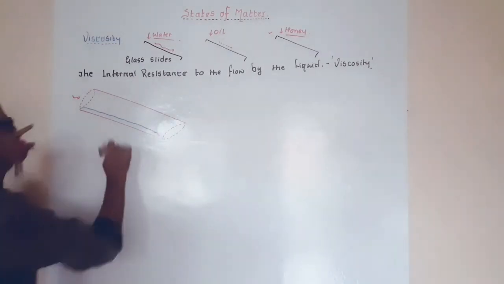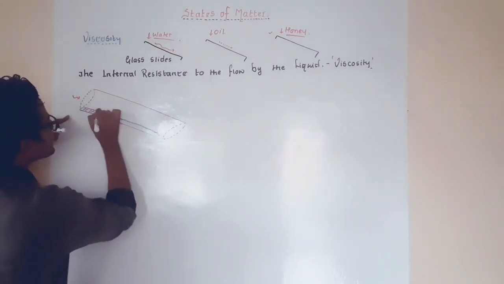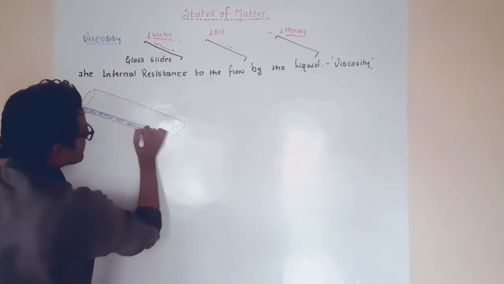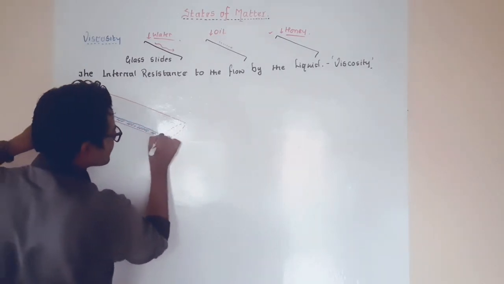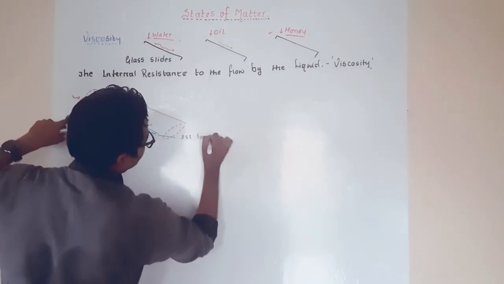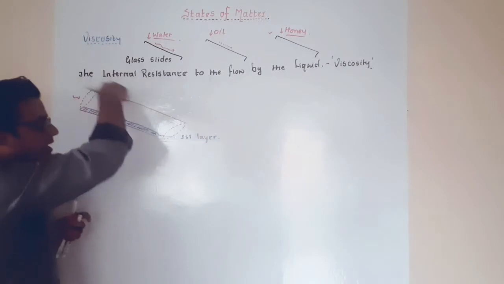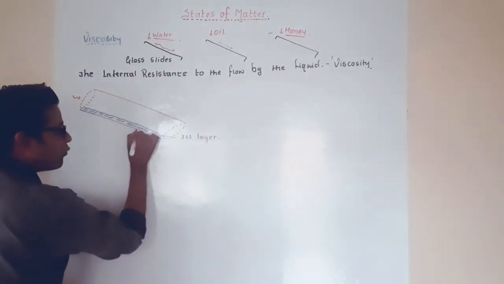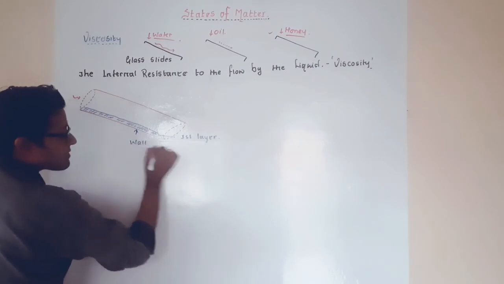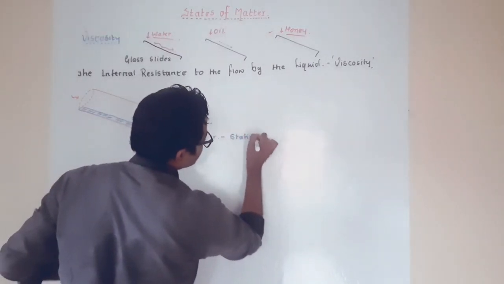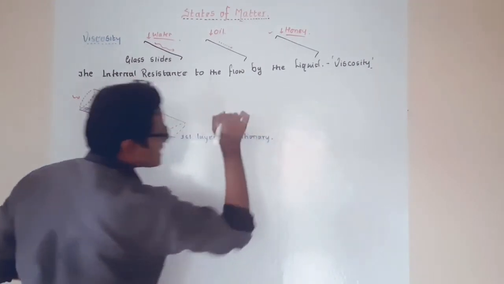Try to understand. Let's say this is our first layer. And usually when a liquid is starting to flow, the first layer which is in contact with this wall is usually stationary.